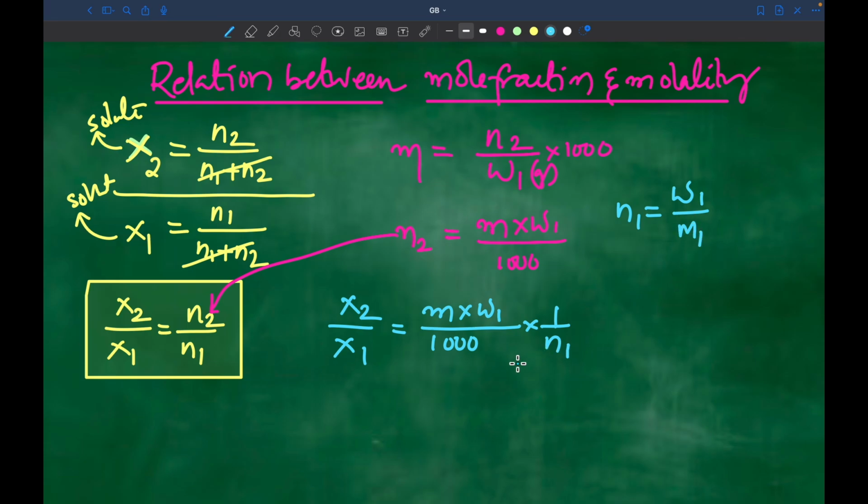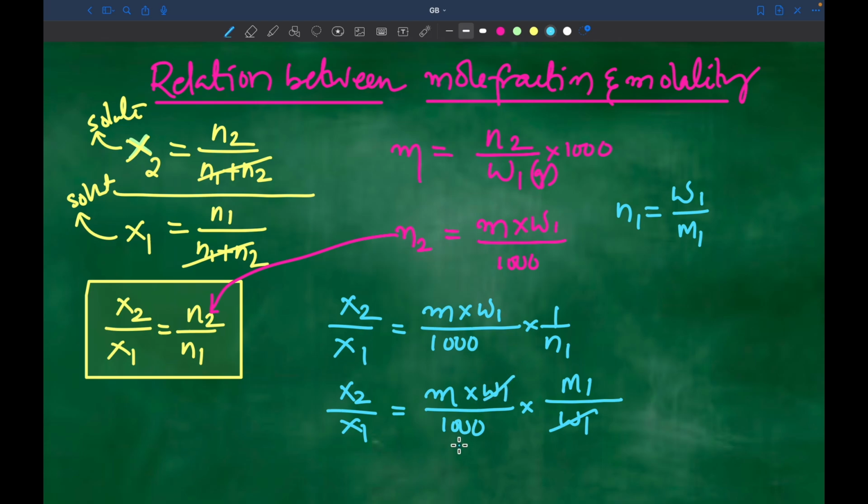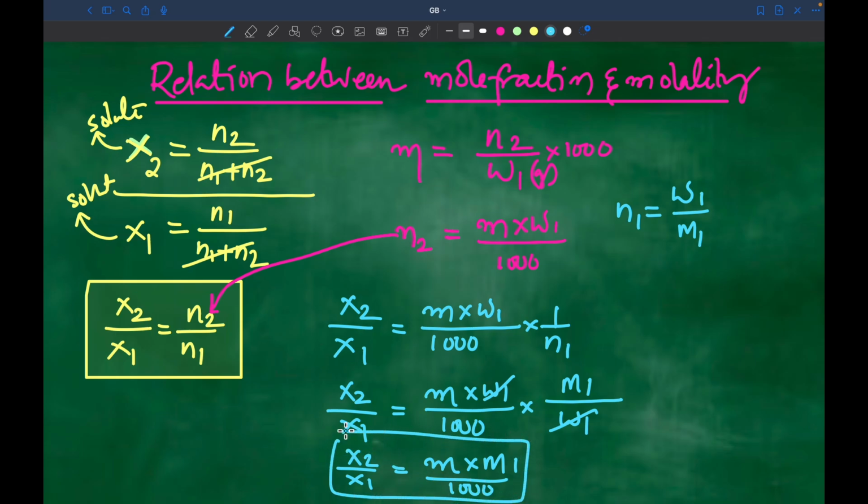Plugging that in, we get the final relation: x2 by x1 equals small m into W1 over 1000 multiplied by M1 over W1, so W1 gets cancelled. So we have got a formula: x2 by x1 equals molality into M1 by 1000. This is the relation.